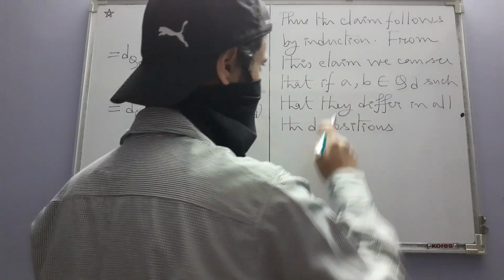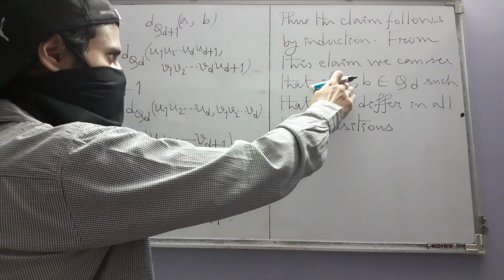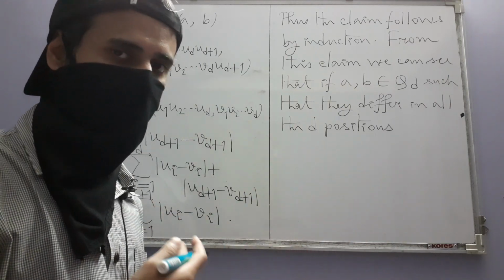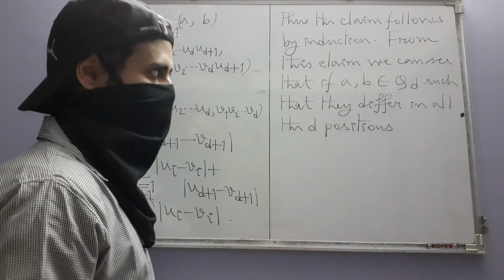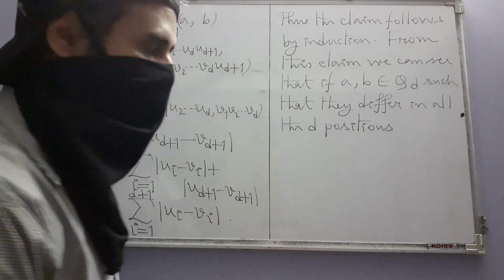In fact, you can take these two vertices. A is that string where all the digits are 0, and B is that string where all the digits are 1. That's it.